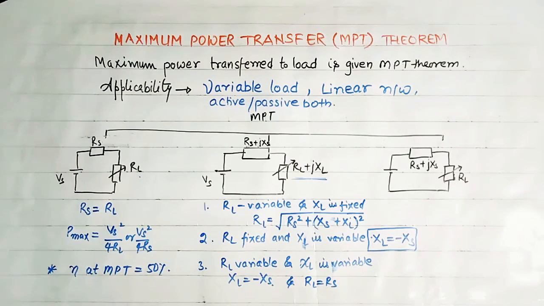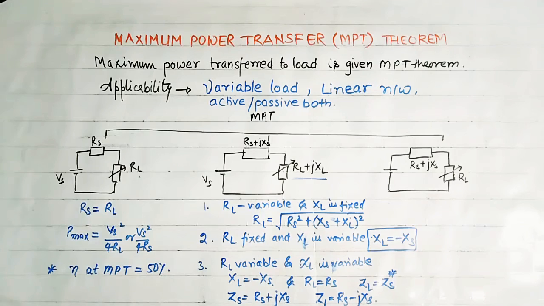So we can say that impedance ZL must be equal to the conjugate of the source impedance. See how? Source impedance is equal to Rs plus jXs. So we can write ZL is equal to Rs minus jXs. So this is the condition when RL is variable and XL is variable.